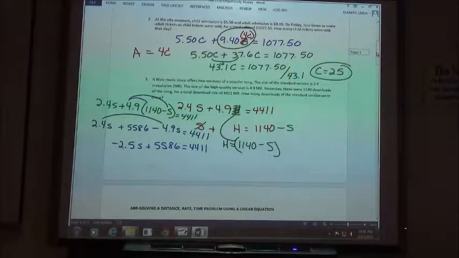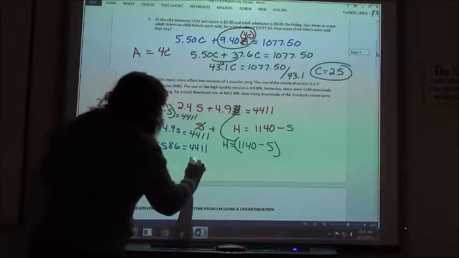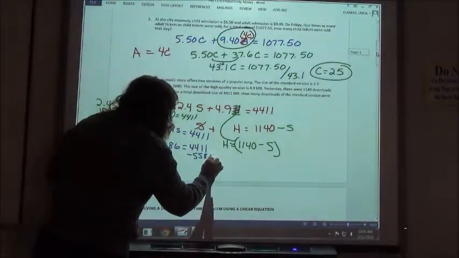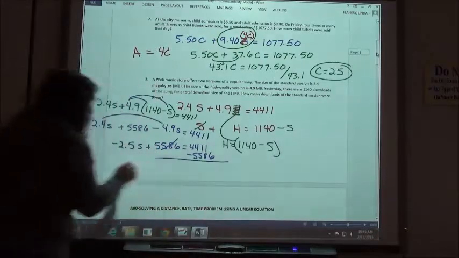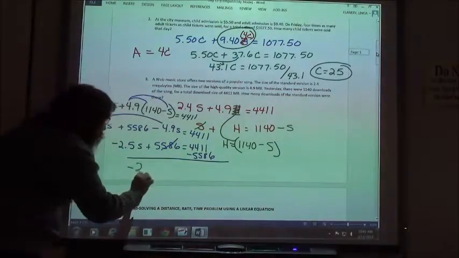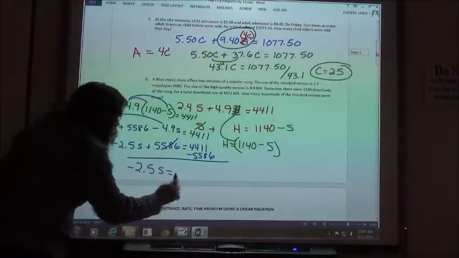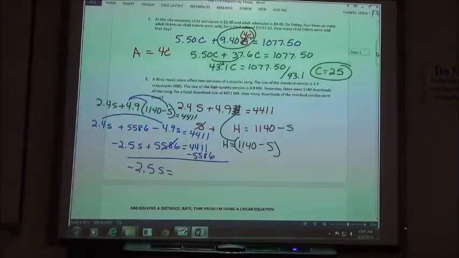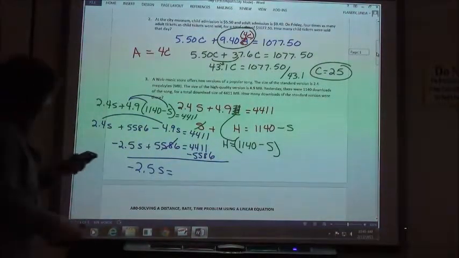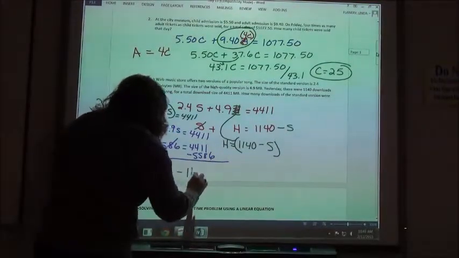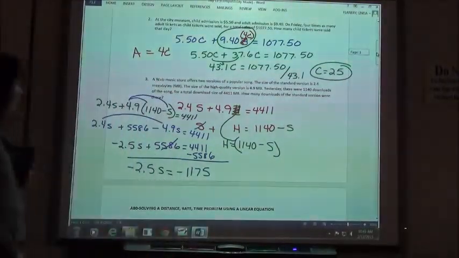I then have to get the S by itself, so I'm going to subtract my 5586. So negative 2.5S equals 4411 minus 5586 equals negative 1175.